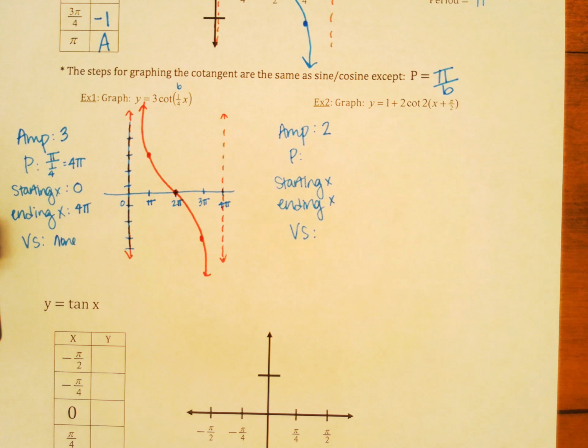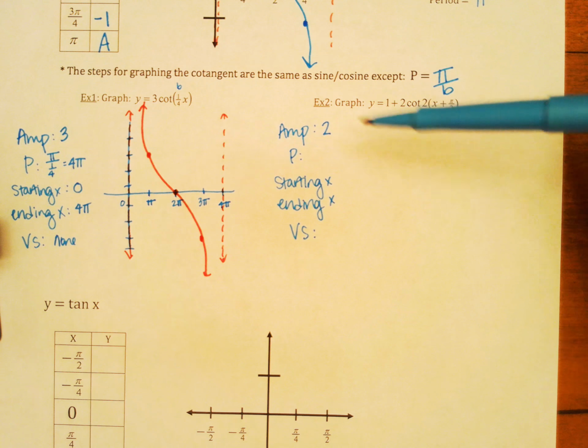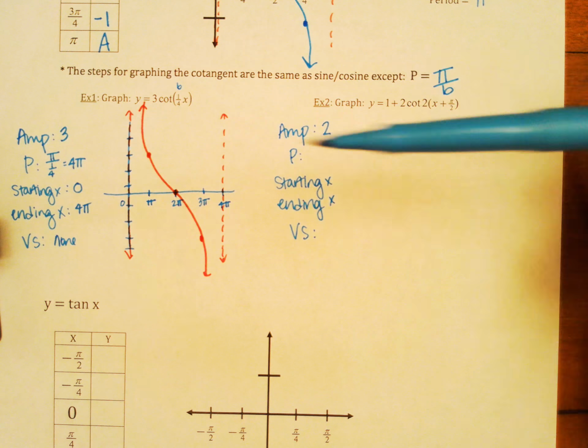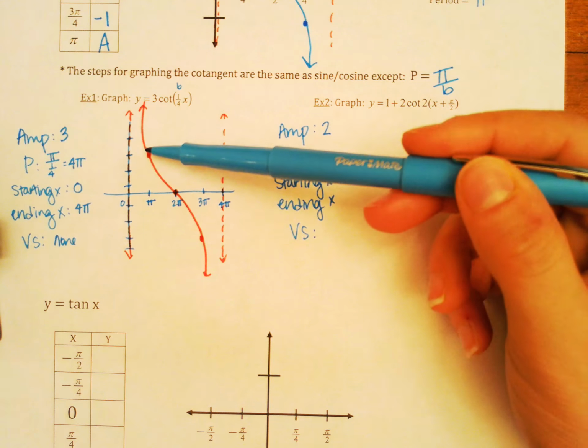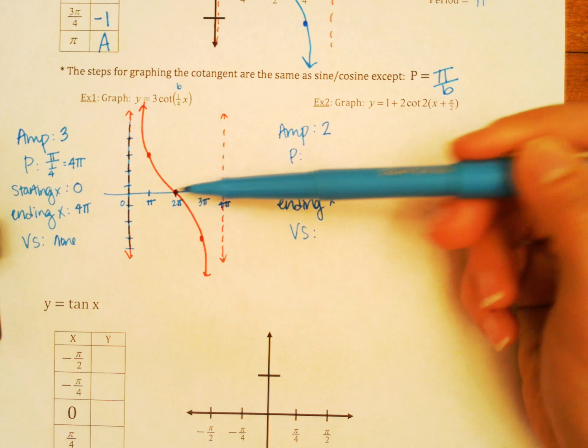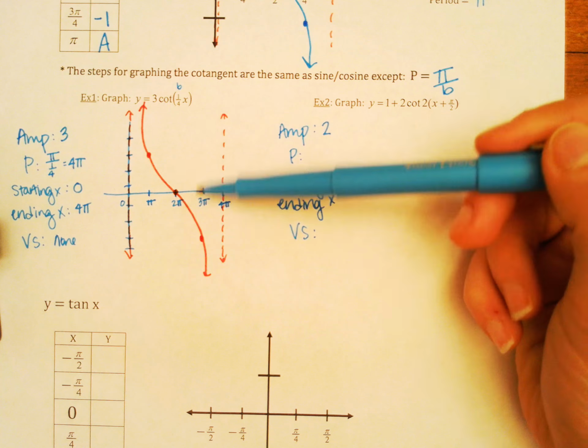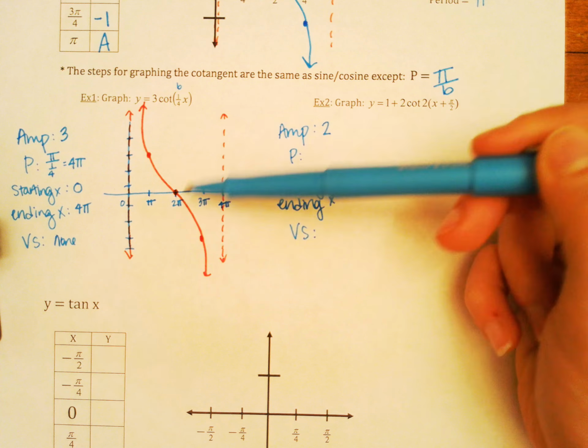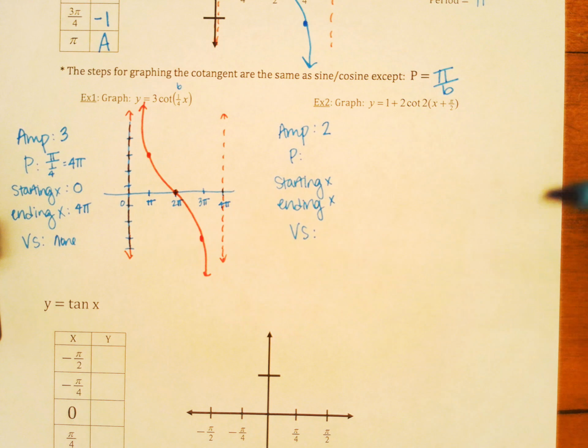Just as an FYI, both of these are dealing with a positive amplitude, I don't have a -2 or a -3, but if I were to have a reflection, instead of going up, I would be starting down, and then I would be going up this way. So I'd have an S that would be going up to the right rather than down to the right. So just as a warning.